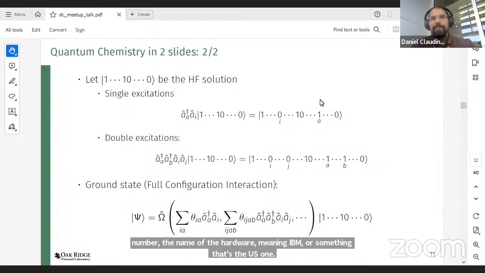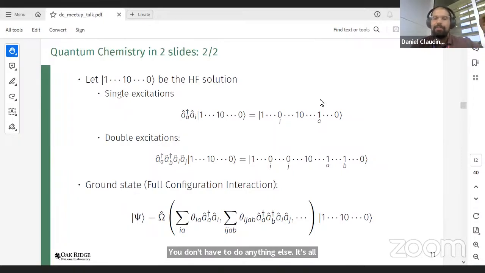It's all done in the backstage. We took upon ourselves to code up all the transpilation, compilation steps and everything else. So from a user standpoint, you don't have to do anything other than knowing the name of the computer that you are targeting.